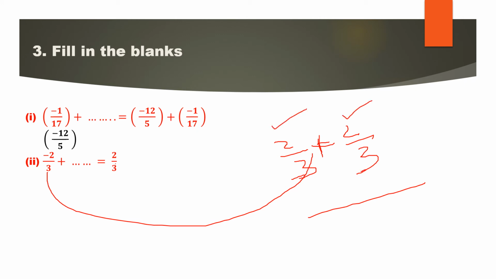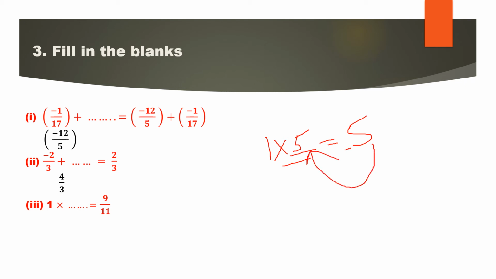Both denominators are same, 3 and 3, so the LCM will also be 3. If denominator and the LCM are same, the numerators will be same only. So 2 plus 2, it will be 4 by 3.